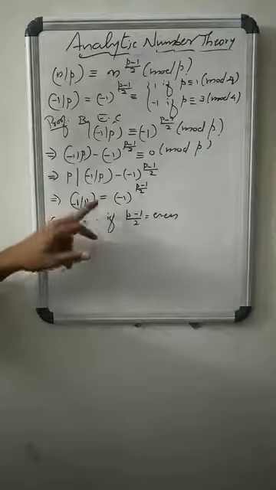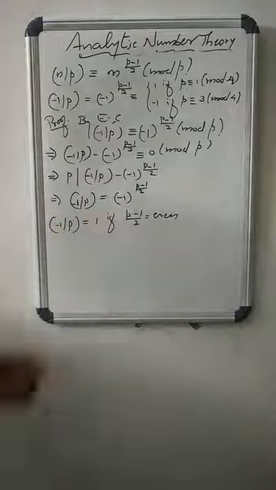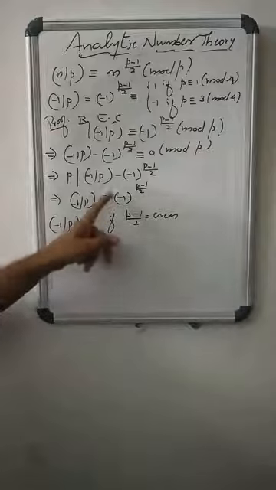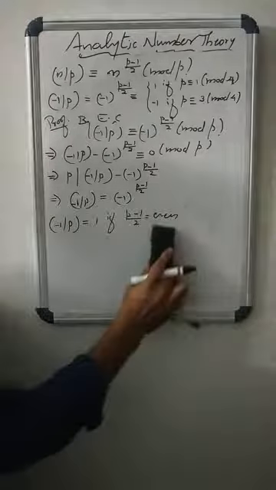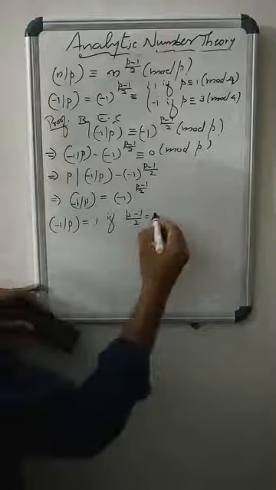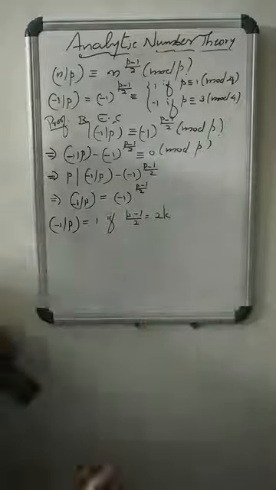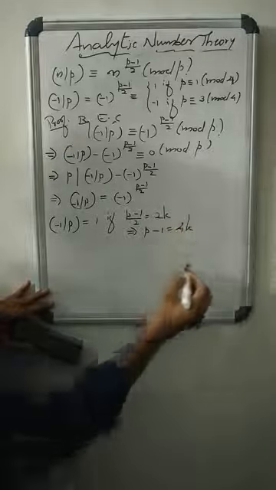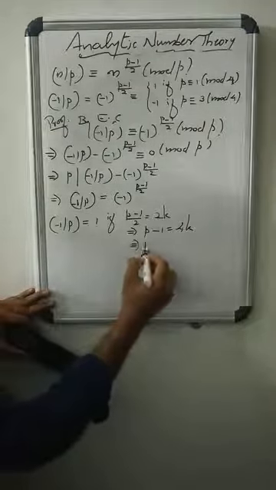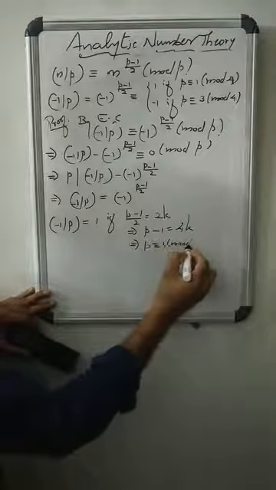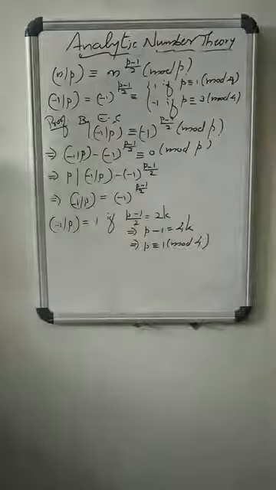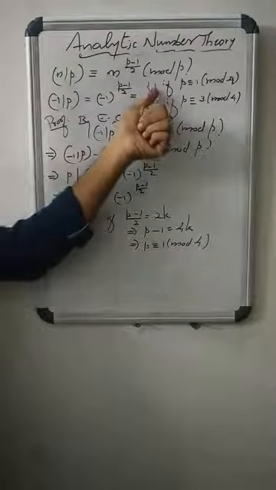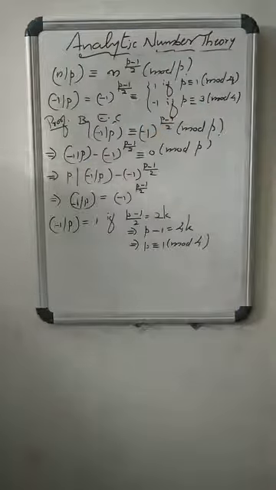P-1 over 2 even means (p-1)/2 equals some 2k. Agreed? (p-1)/2 equals 2k means p-1 equals 4k, which means p is congruent to 1 mod 4. So (-1/p) equals (-1)^((p-1)/2) is 1 provided p is congruent to 1 mod 4.